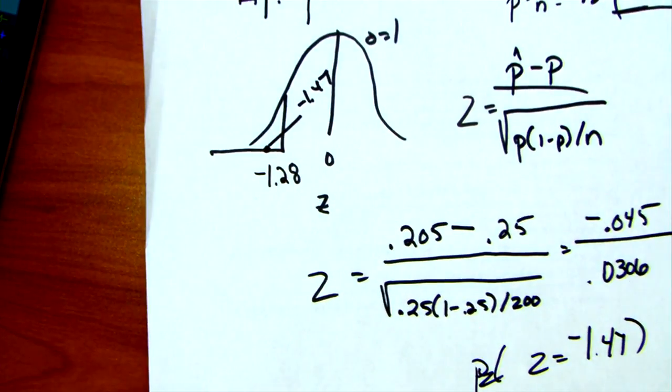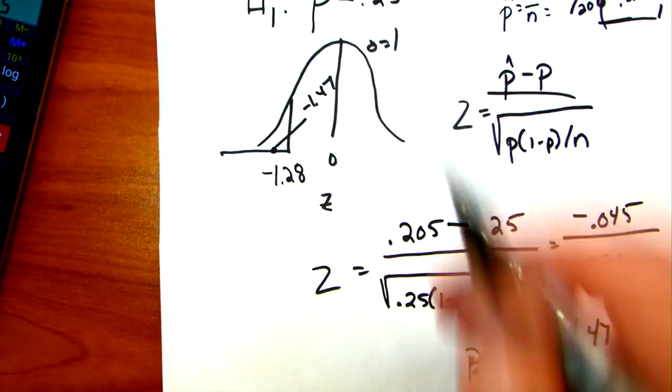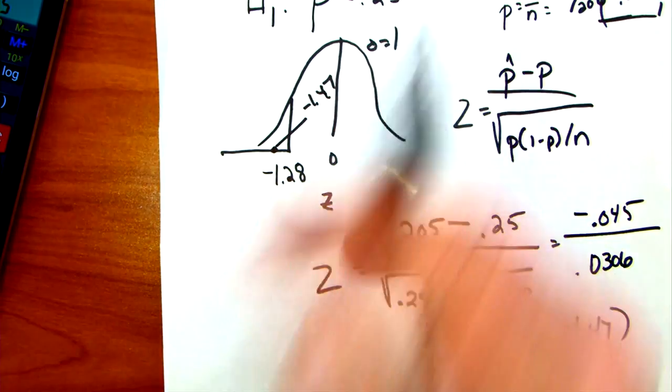Is negative 1.47 in my rejection region? It is. I can reject the null in favor of the alternative. Does that make sense? He has enough evidence to reject the null in favor of the alternative. It's in there. Same logic. Now, I'm saying, yeah, it's in there at the 10% significance level, but let's think about that.